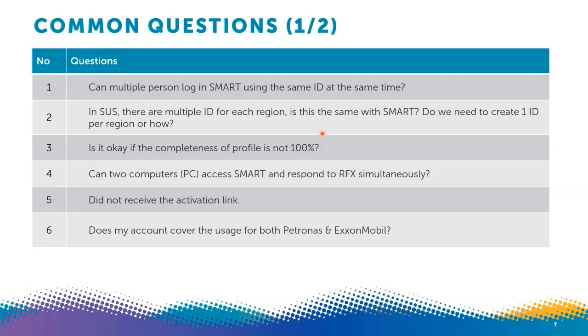Or in the second scenario, you have multiple persons, so 2 in KL, 2 in Sabah. You can create each of them their own user ID and they can manage their own region. All right. So in Smart, the login account is basically tagged to an individual. It is not tagged to a location.